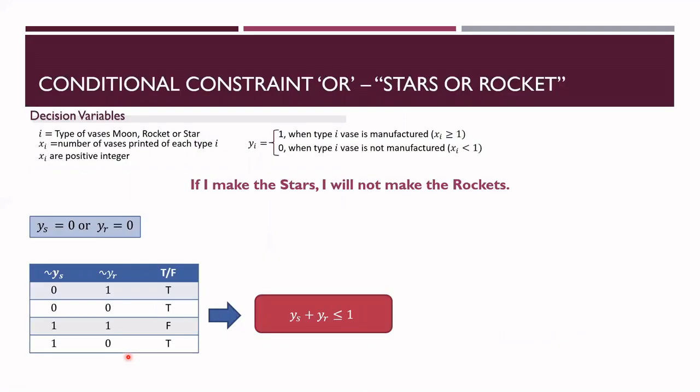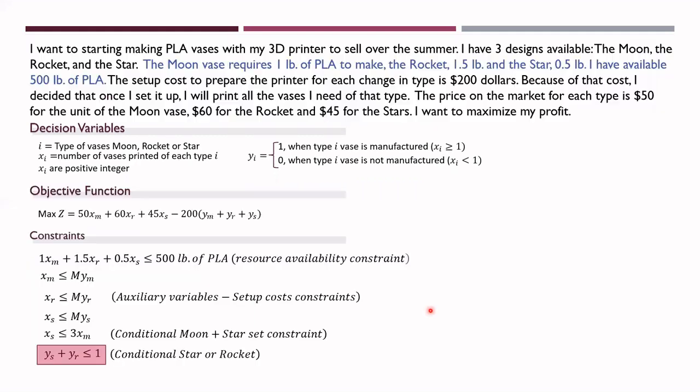It will be ys equals 0 or yr equals 0, which can be easily represented by this, because the summation of these two variables is always going to be less than or equal to 1, but at the time that this statement is false, it is not. So that's exactly what we want. And then we can model this as ys plus yr has to be less or equal to 1. And that's going to be our constraint.